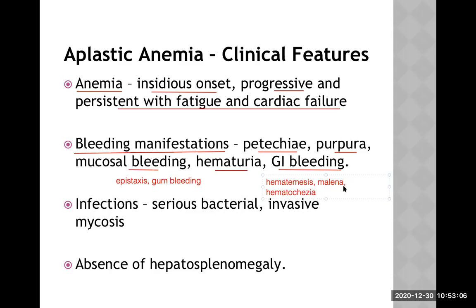Melena is the passage of dark and tarry, very foul smelling stool. Again, melena occurs when there is upper GI bleeding. Hematochezia occurs in lower GI bleeding, where the blood is not altered, so it is relatively fresh.